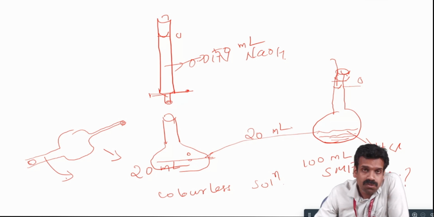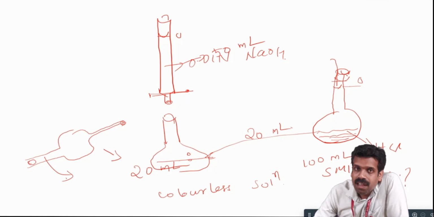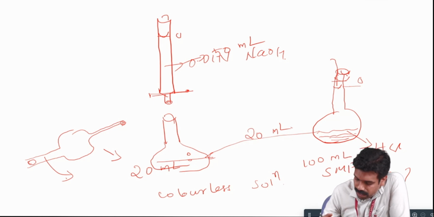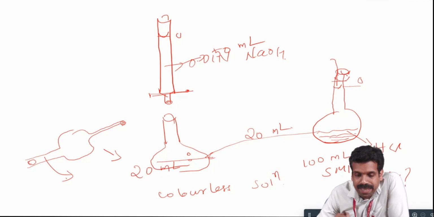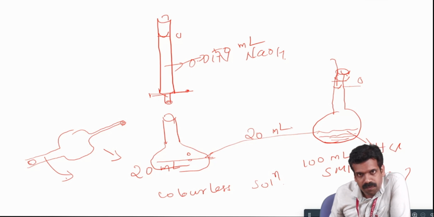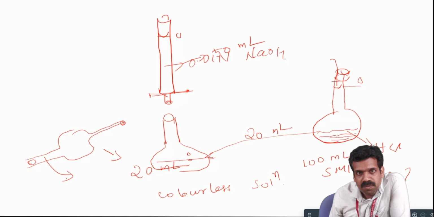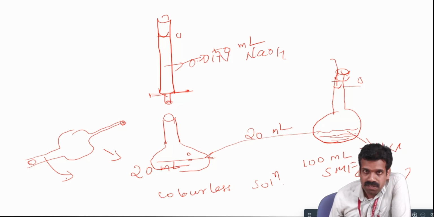So once again, how to perform this acid-base titration? First, we need to make the analyte solution, that is the HCl solution in this case, by adding distilled water and making the solution up to the mark. Then pipette out 20 ml into a clean conical flask. Then add 2 drops of the indicator phenolphthalein. Then fill the burette with the given NaOH solution.